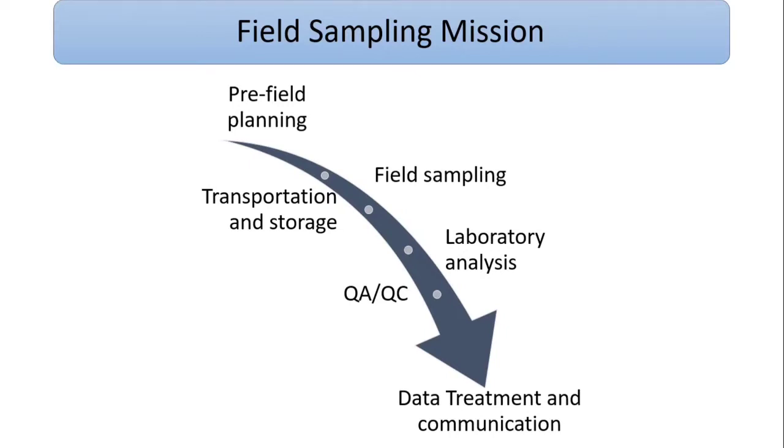Once we are in the field, we have to do the proper sampling. After that, we have to do the proper transportation and storage, then we reach the laboratory. If we are not doing our sampling on the same day, we have to use proper storage techniques.